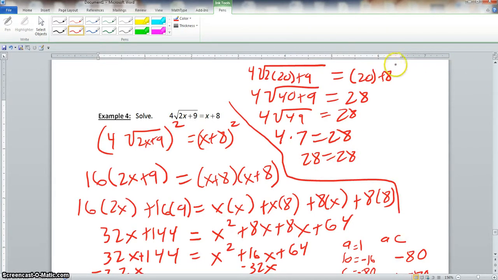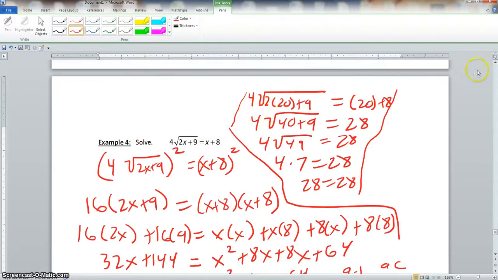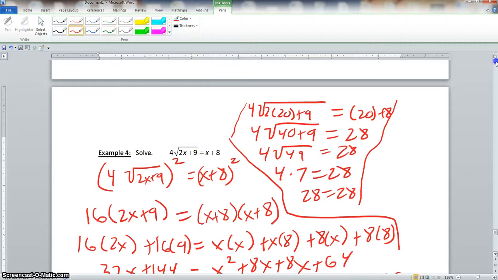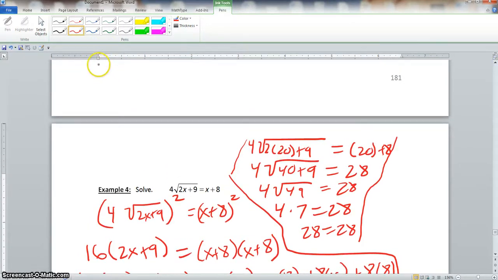Now what we have to try next is 4. Actually, it'd be better if we put it over here. So we tried 20 and 20 worked. Now we want to try 4. Using this same equation, we have 4 times the square root of 2 times 4 plus 9 is equal to 4 plus 8.